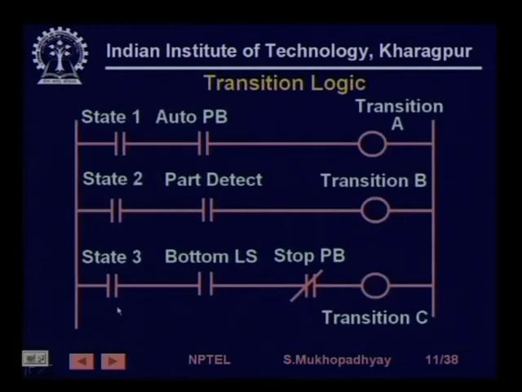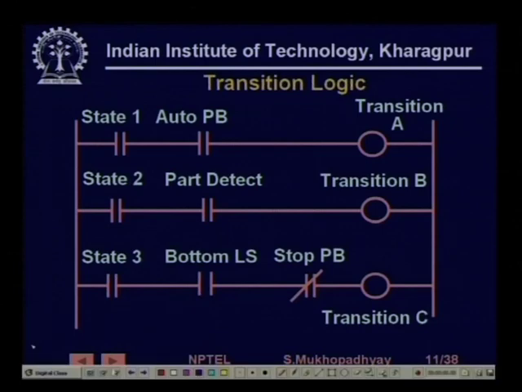So, let us first see the transition logic. For example, what does it say? It says when the transition A logic will be satisfied. The transition A logic, if you recall, brings the system from state 1 to state 2.